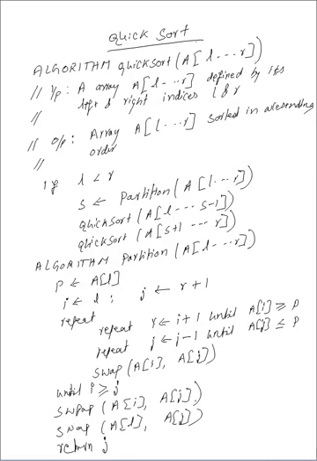I is equal to I plus 1, as you are seeing, until A of j is greater than or equal to P, and you have to put I should be less than j always. Then only you increment, otherwise you don't increment. That will be there always in I. Otherwise I will go out of the range.